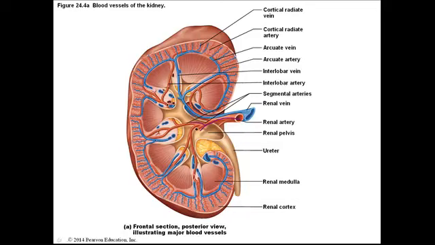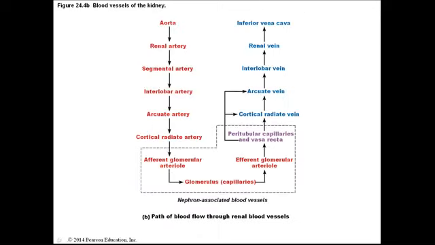This is the flow here. The renal artery branches into segmental arteries, and this will go to how many renal pyramids you have.